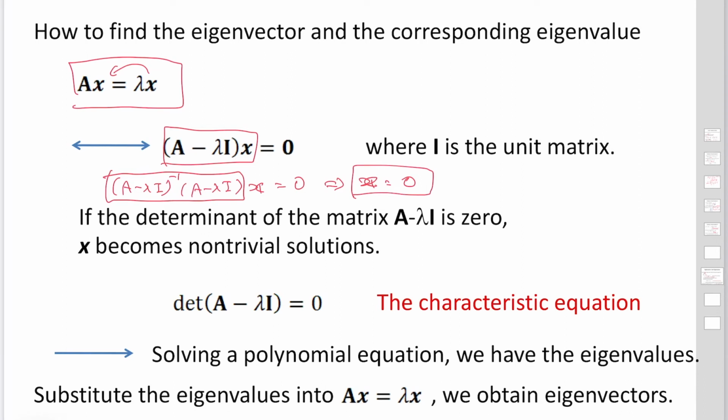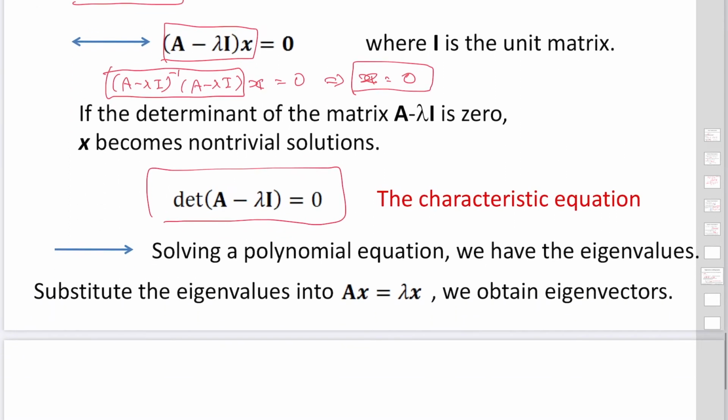From these equations, the inverse must not exist. So the determinant of A minus lambda I has to be equal to 0. Then this becomes a polynomial equation. We could calculate the eigenvalues and substitute each eigenvalue into the original equation to obtain the eigenvectors.